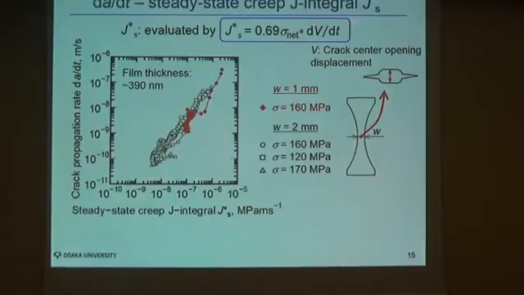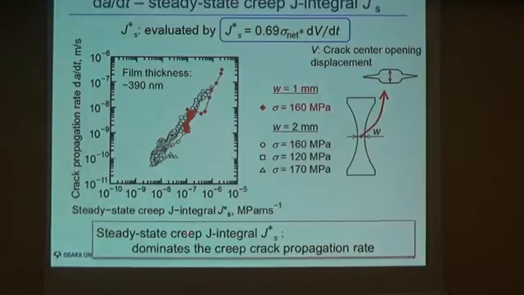The equation is verified by the FEM analysis, and uses the experimental net stress and the crack opening displacement rate dV/dt. And you can see in this diagram, all the results are within a very narrow band, irrespective of the specimen size and also the applied gross stress. So the results suggested that the steady-state creep J integral J*_S was the dominant mechanical parameter of the creep crack propagation rate of the gold submicron film.